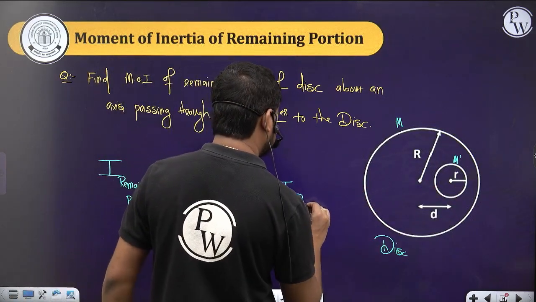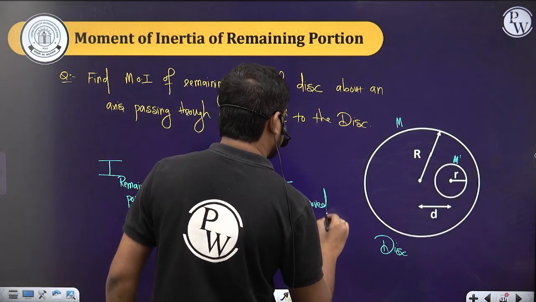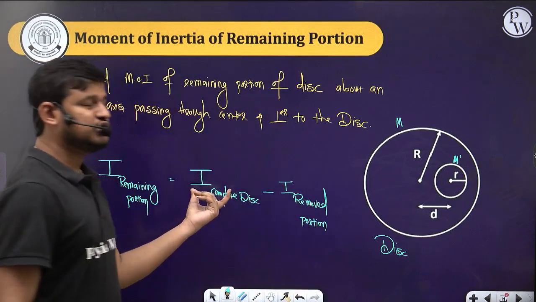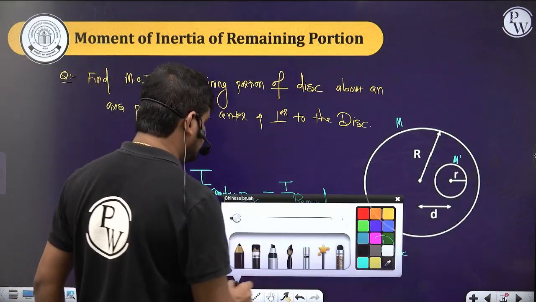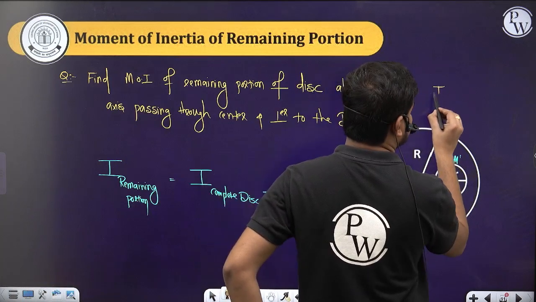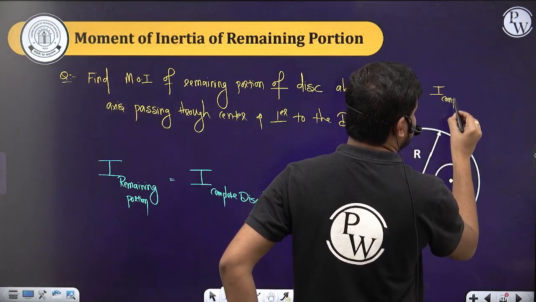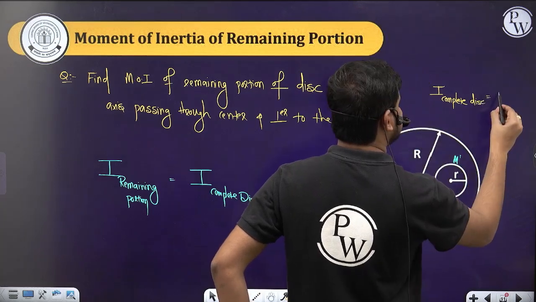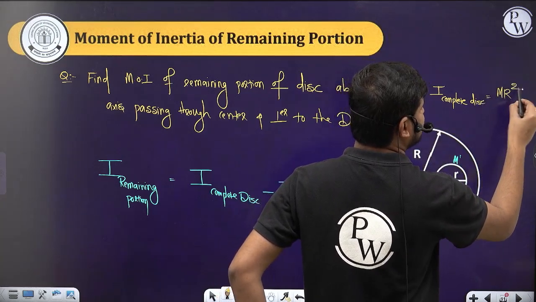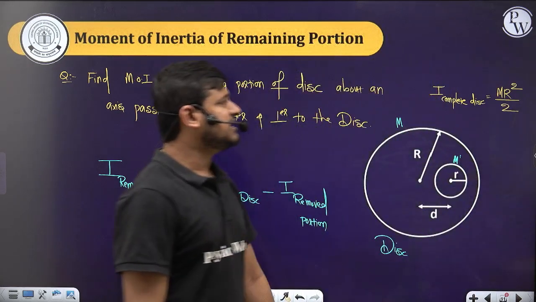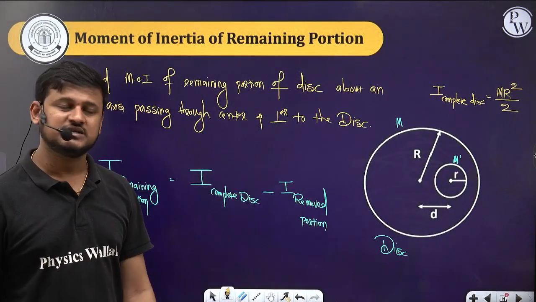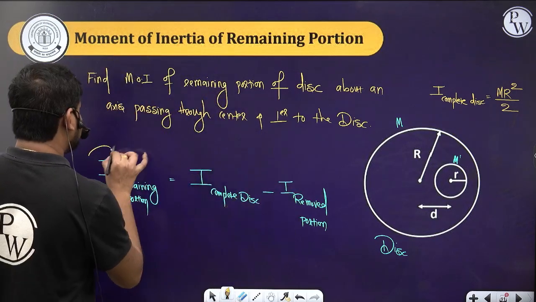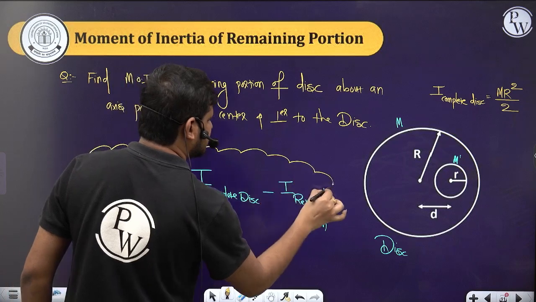The first one is simple. You know how to find the moment of inertia of the complete disk about its perpendicular axis: its mass is m and radius is r, so it is mr square by 2. But the problem is how do we find the moment of inertia of the removed portion?